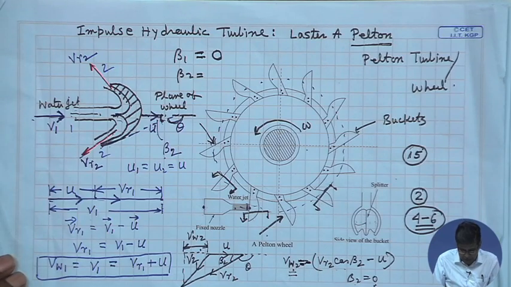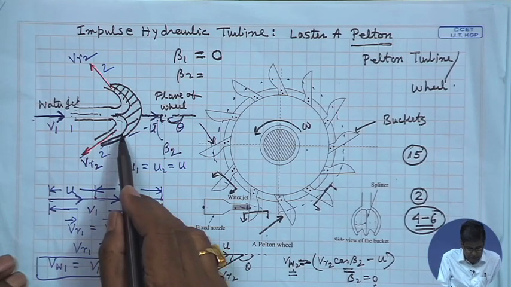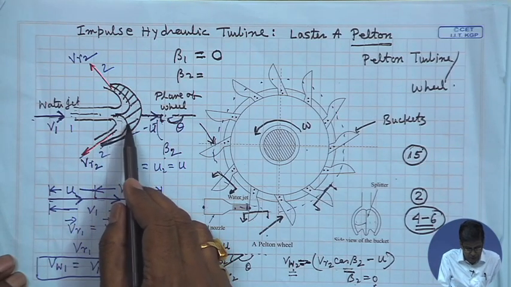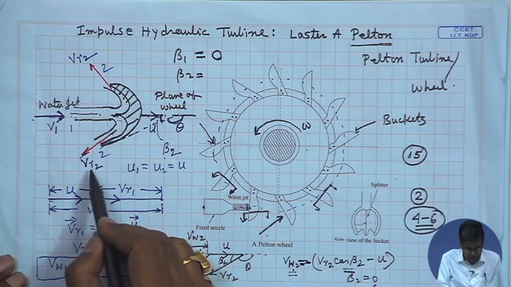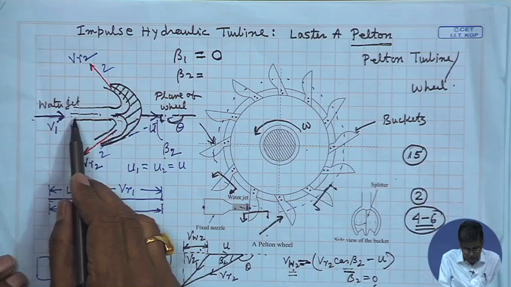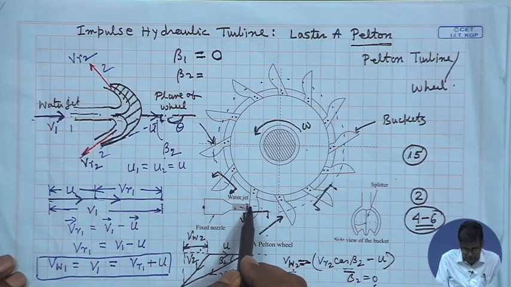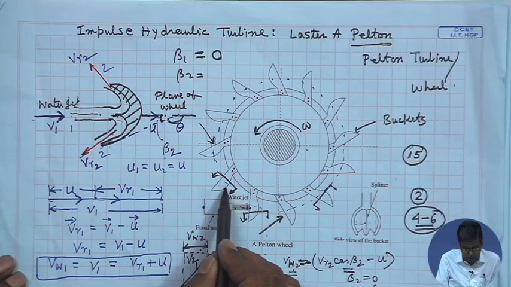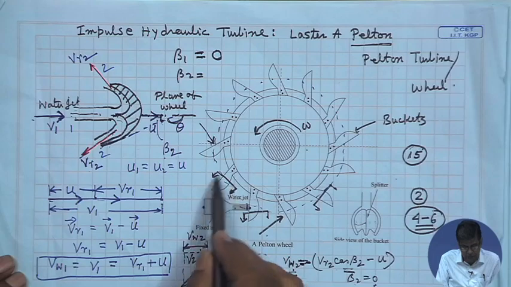But though it is true from theoretical point of view, it cannot be realized in practice, because if we make beta 2 0 and make this relative velocity V_R2 just opposite to that of V1 or V_R1, then what will happen? The jet coming out of one bucket will hit the back of the preceding bucket, which may cause damage to the buckets.